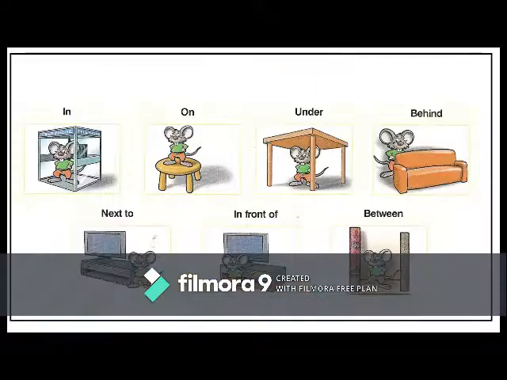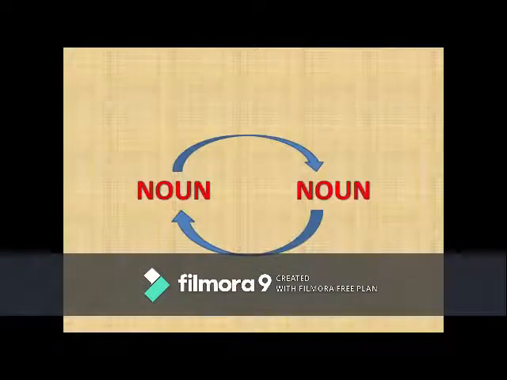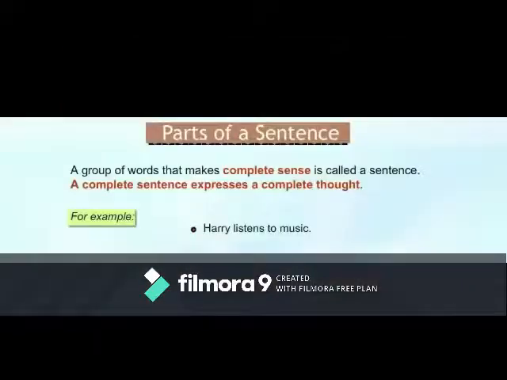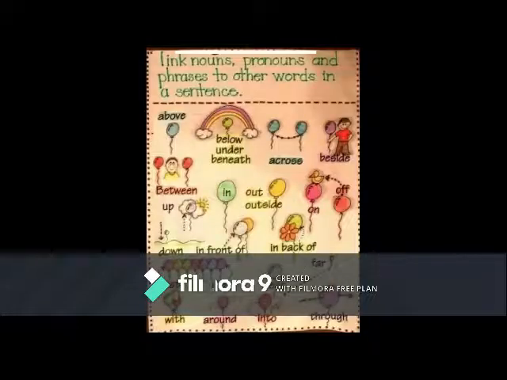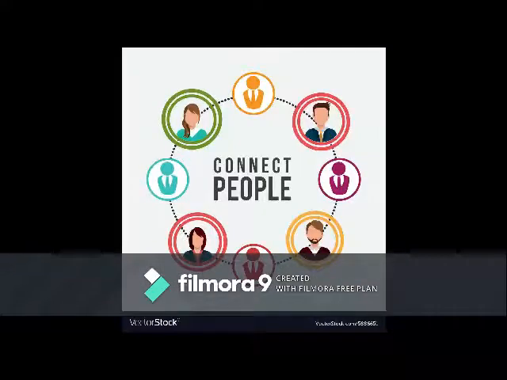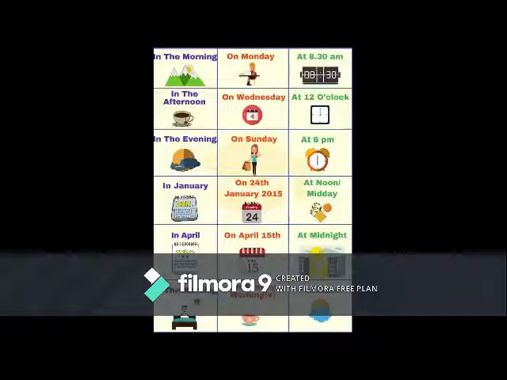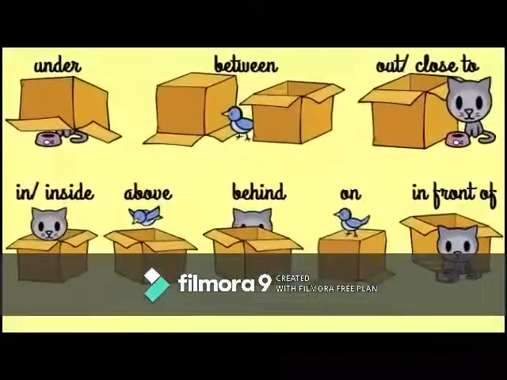A word that is used to establish relationships between nouns and verbs, and between different parts of a sentence is a position word. In other words, a position word is a word used to link nouns, pronouns, or phrases to other words within a sentence. They connect people, objects, time, and locations of a sentence. They are short words and they are normally placed directly in front of nouns.